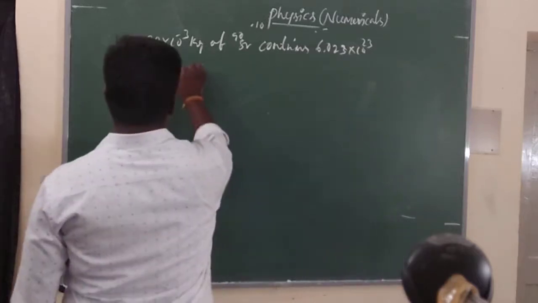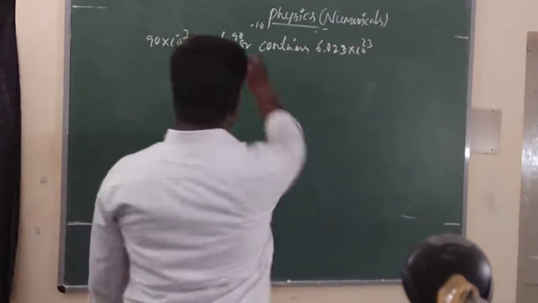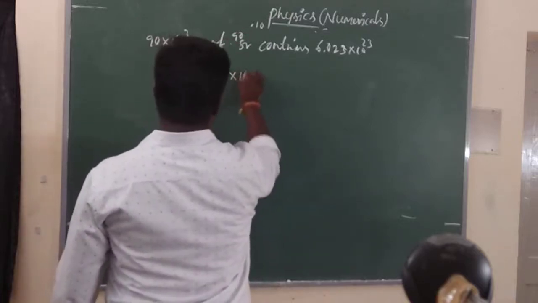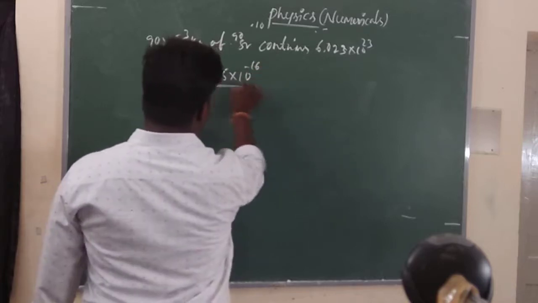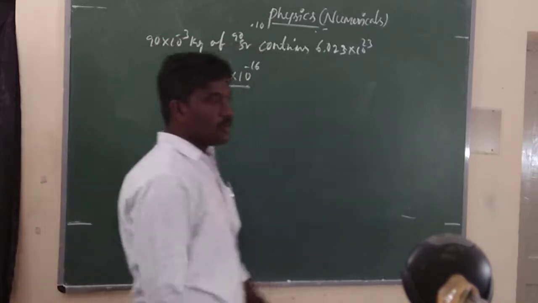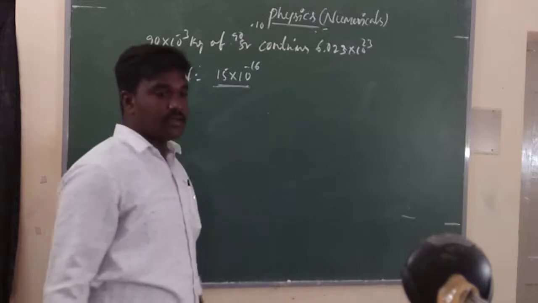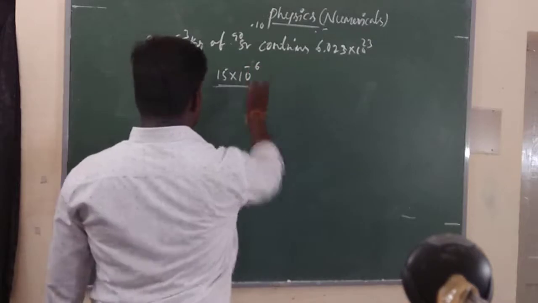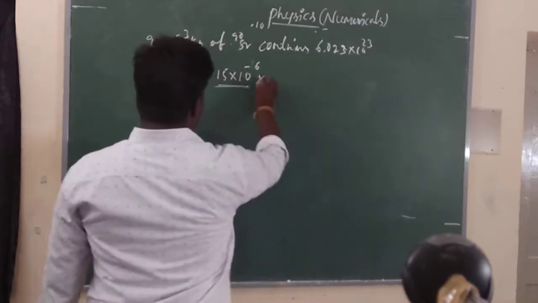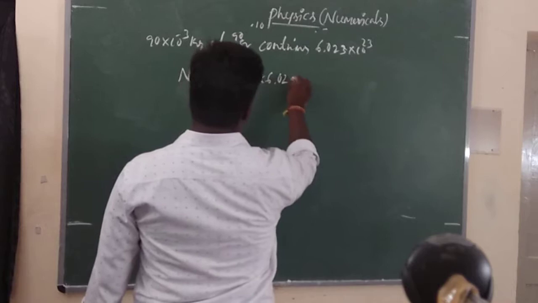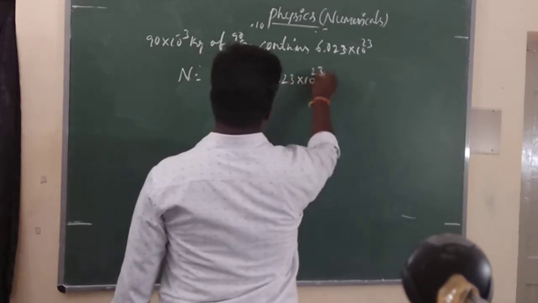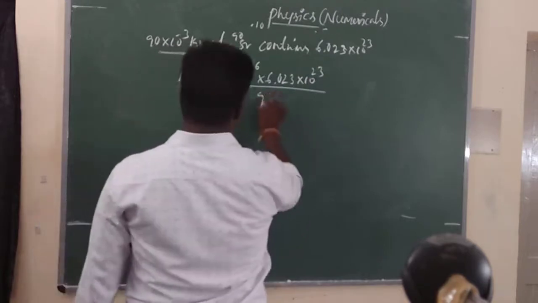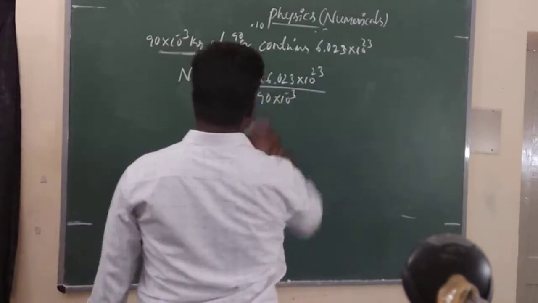So we write it like this: the number of atoms present in that 90 grams. Already the mass is given, 15 milligram, which we converted to kg. What did we get? 15 into 10 to the power of minus 6 into 6.023 into 10 to the power of 23 divided by the mass of strontium, that is 90 into 10 to the power of minus 3.